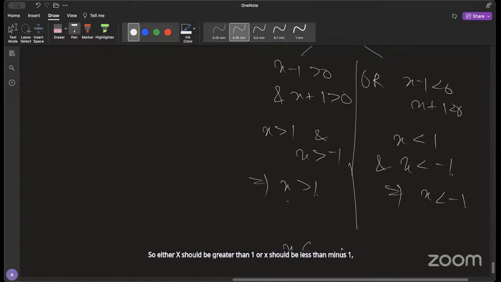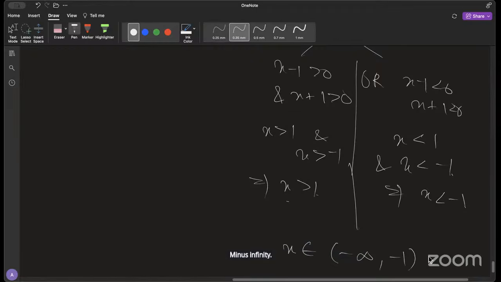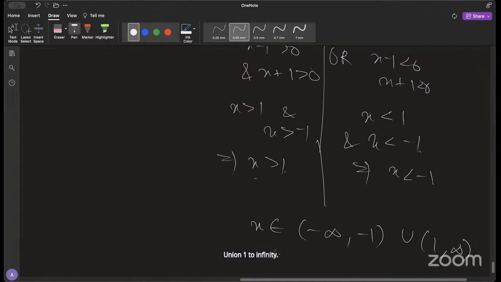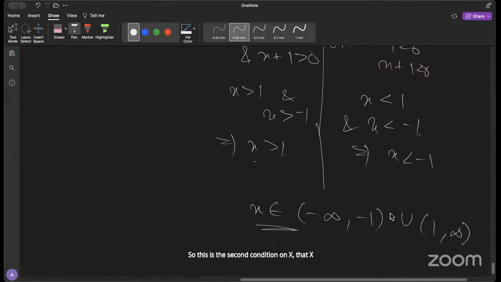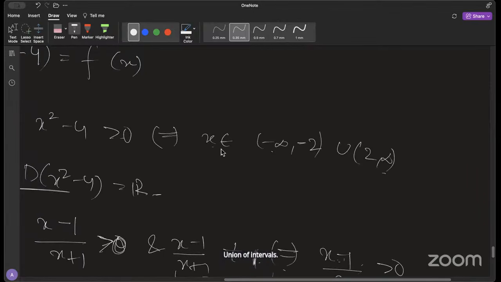So x belongs to minus infinity to minus 1, union 1 to infinity. This is the second condition on x, that x should be in this union of intervals. And the first condition was that x should be in this one.